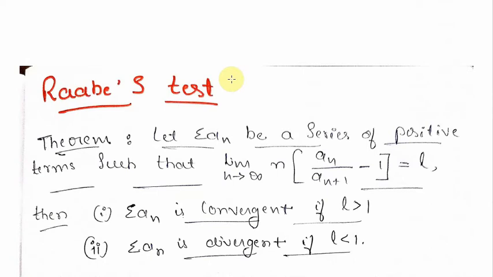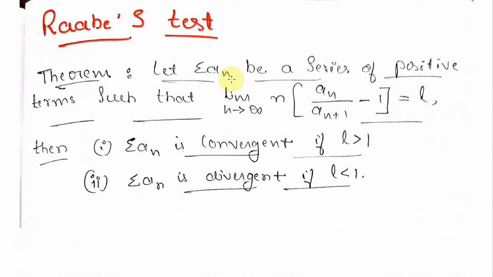Lastly, you have Raabe's test, but the proof is not needed for you according to your syllabus. Just go through the statement, what it says. Theorem: let sigma a_n be a series of positive terms such that limit n tends to infinity n into a_n by a_{n+1} minus 1 is equal to L. Then sigma a_n is convergent if L greater than 1.